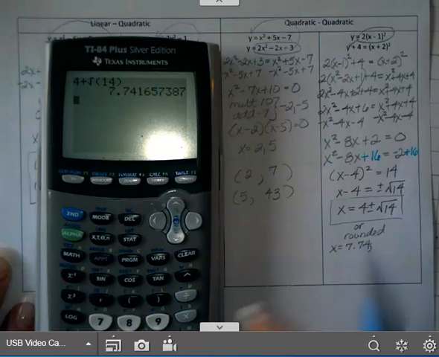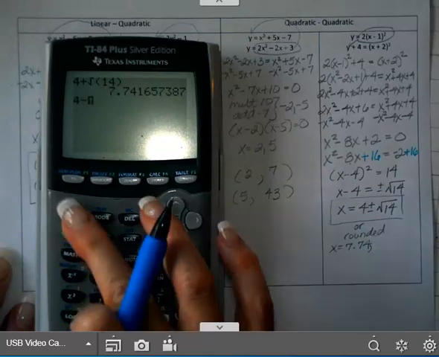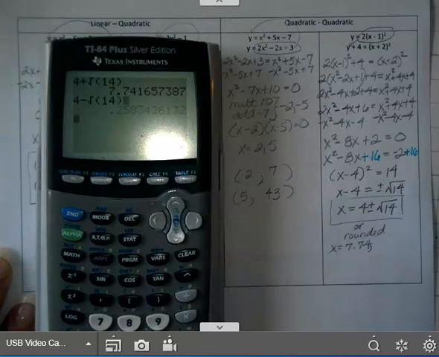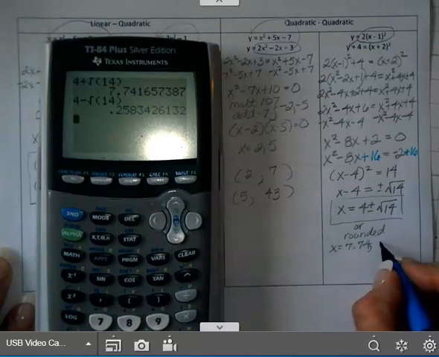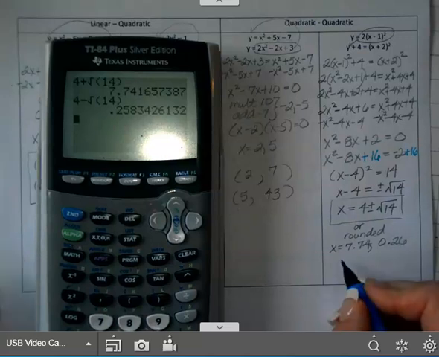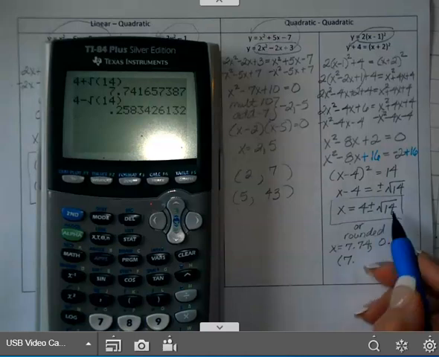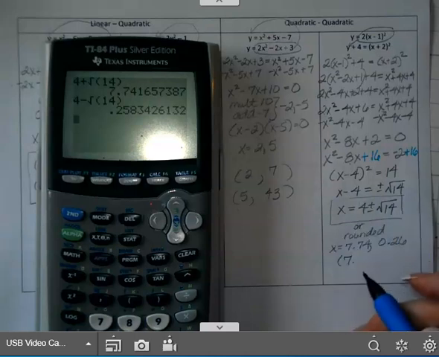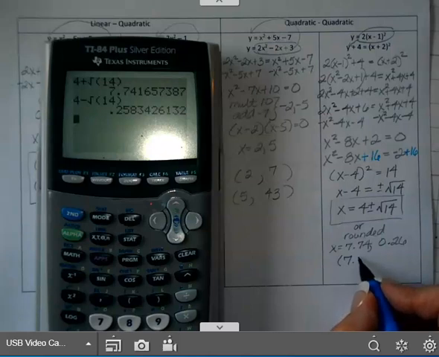And then 4 minus the square root of 14 is 0.26. I just have my x values. I still have to find my y values. So the exact answer wasn't too helpful finding your y values.